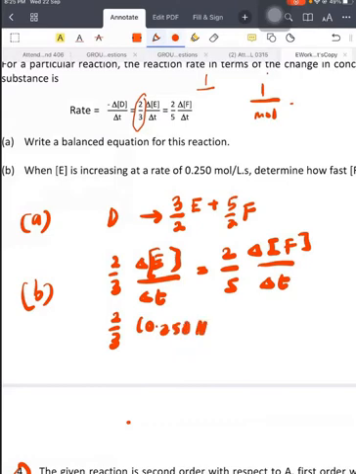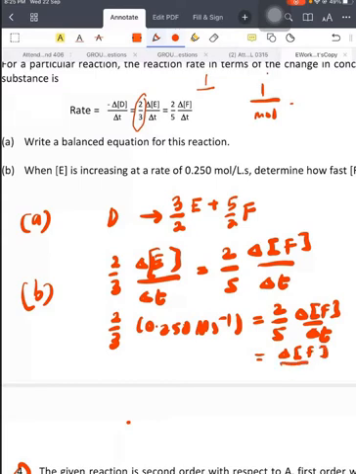So 2 over 3 times 0.250 M s negative 1 is equal to 2 over 5 delta F over delta t. We want to find this, so we leave delta F over delta t alone. 2 over 5 moves here, so it becomes 5 over 2 times 2 over 3 times 0.250 M s negative 1.